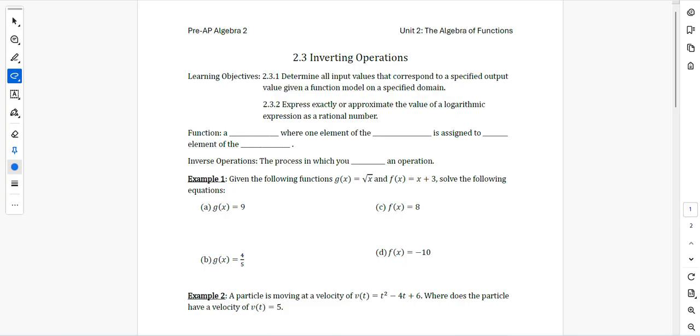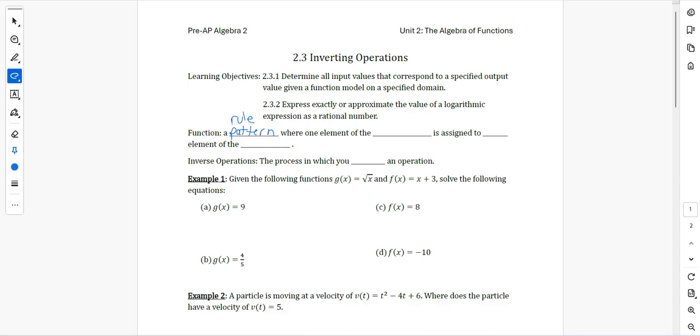A function is, you could put two words here, you could either say it is a pattern, or you could also put it's a rule. A function is when we take a look at a set of numbers and we're noticing that it is following a pattern or a rule.